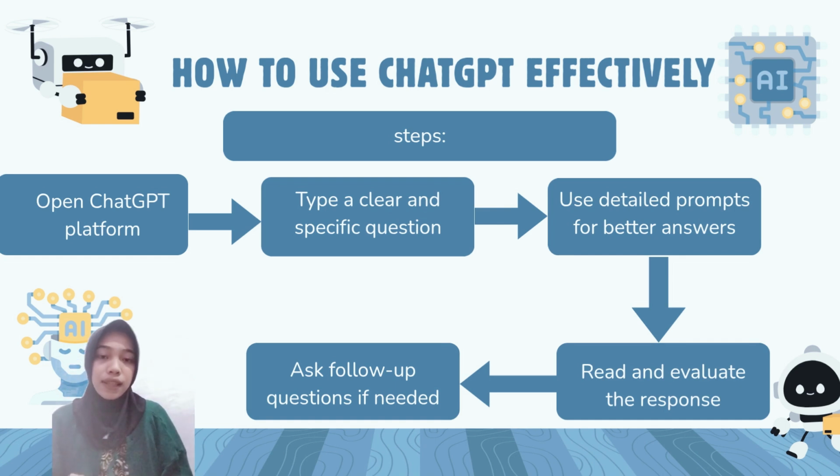For example, instead of asking "explain grammar," you can ask "explain the difference between simple past and present perfect with examples." After that, read the response carefully and evaluate the information. If needed, you can ask follow-up questions. In my opinion, using AI is not just about getting answers, but also about asking the right questions.